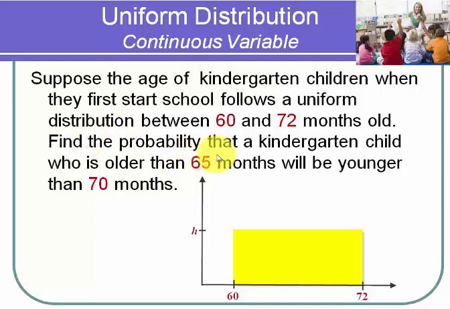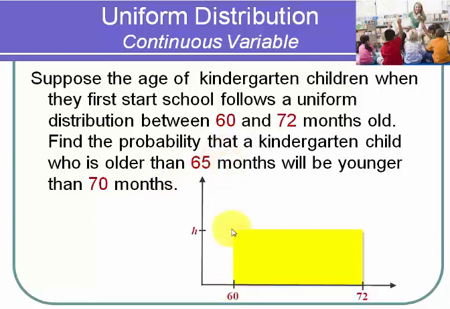Let's find the probability that a kindergarten child who is older than 65 months will be younger than 70 months. It's a weird thing to ask, but I'm doing it so that we can review a little bit about probabilities that involve given. So these are conditional probabilities.